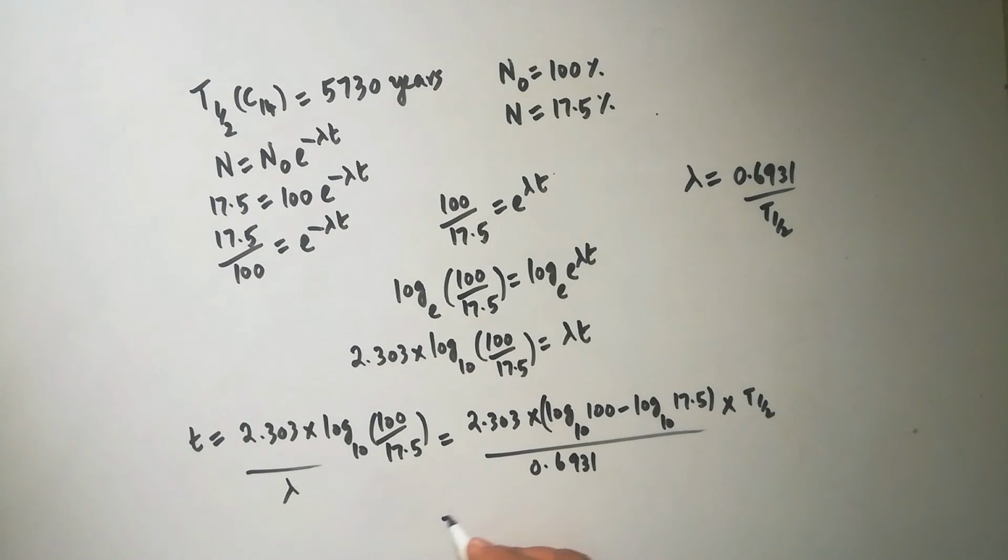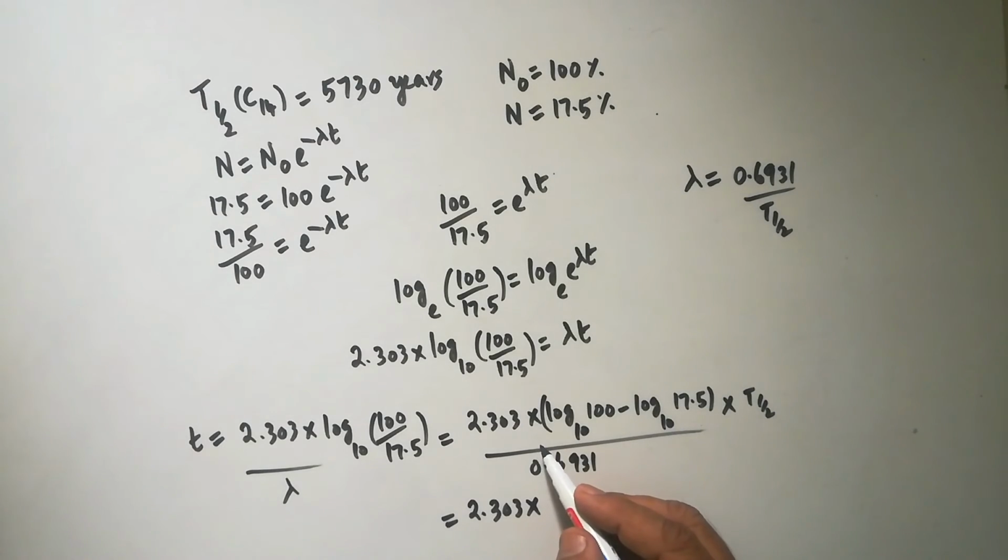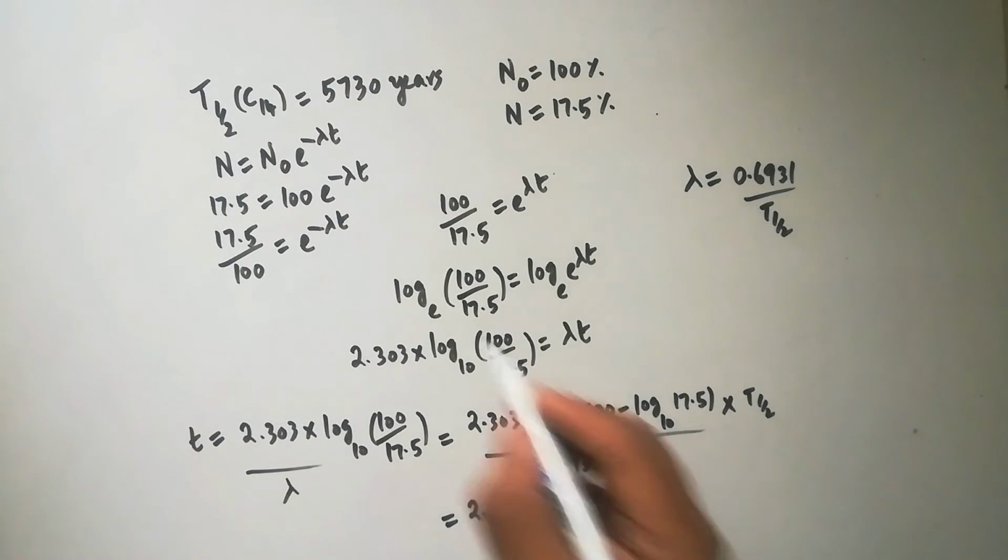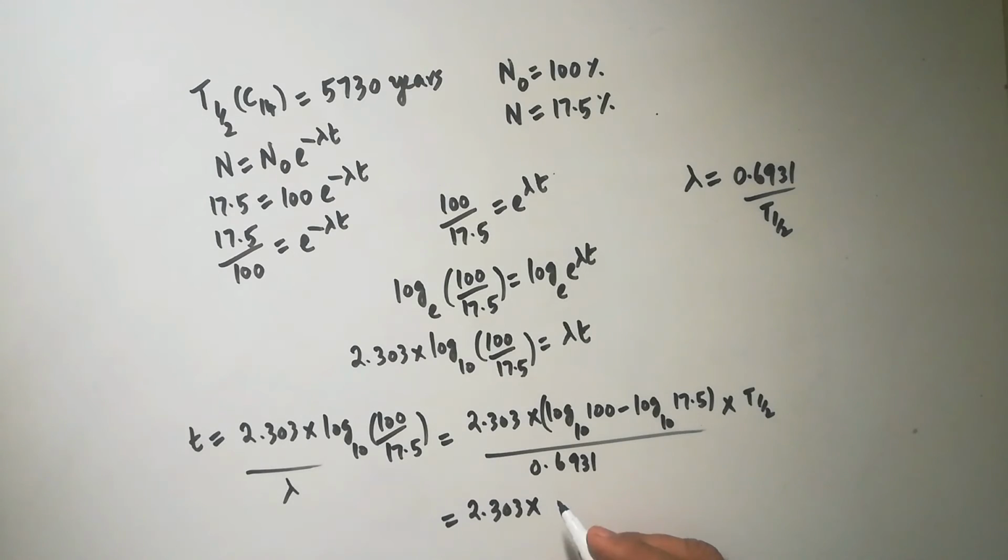Now substitute 2.303 into, already it is there in the formula. The half-life value is already given. Log to the base 10 of 100 is equal to 2.000. Are you clear?